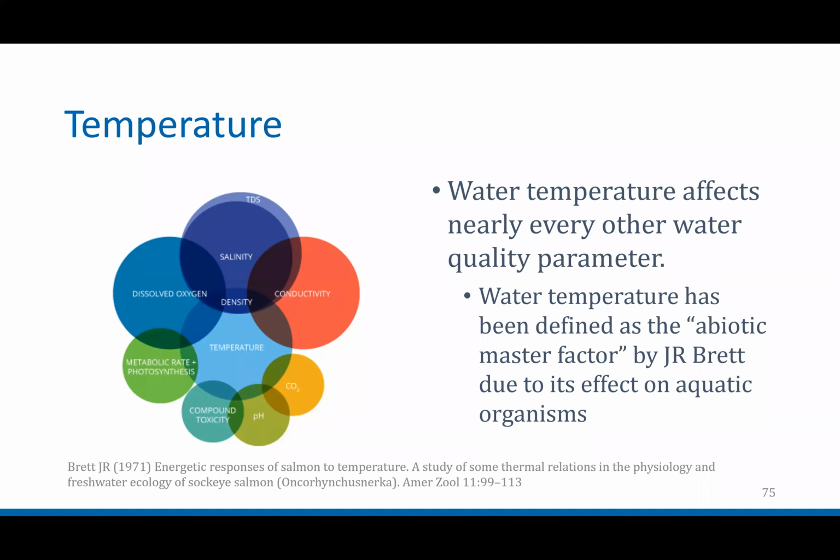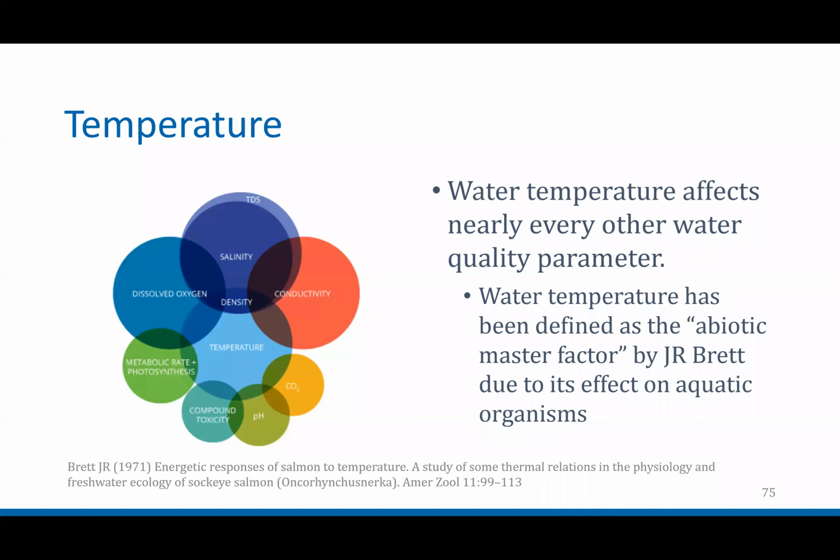I know it's been a few weeks, but if you can remember, this is one of the slides I showed you. Temperature affects almost every water quality parameter that we're going to study in this course. Dissolved oxygen we've already done, which is directly related to the oxygen demand, but it also affects things like photosynthesis and metabolic rate.